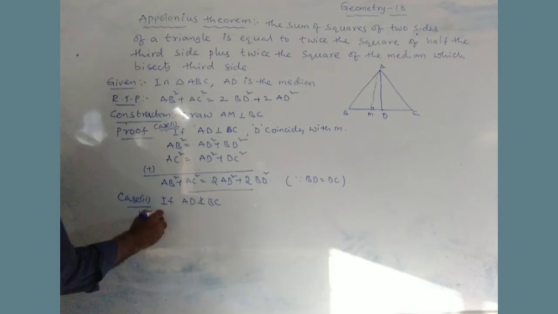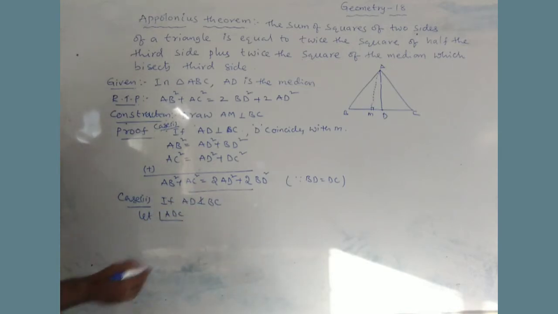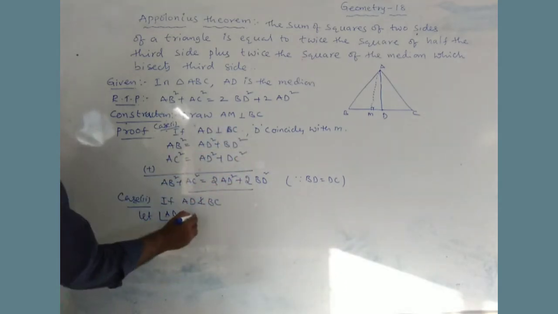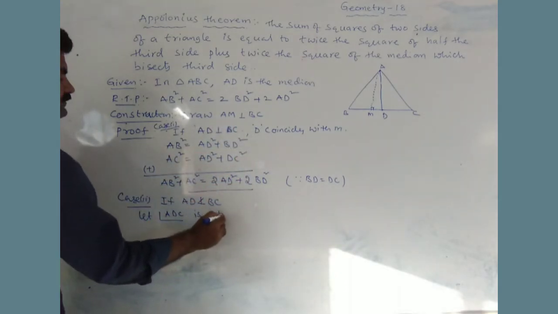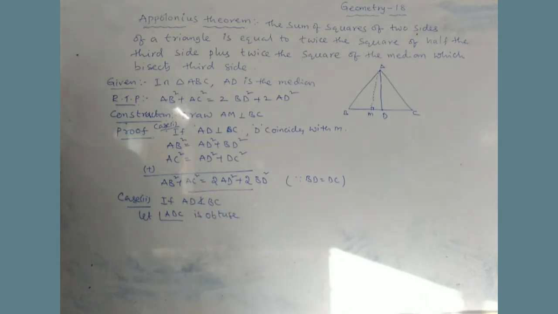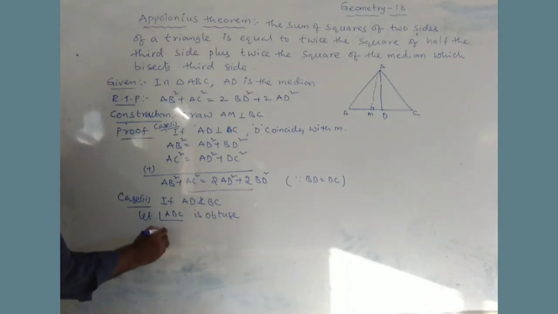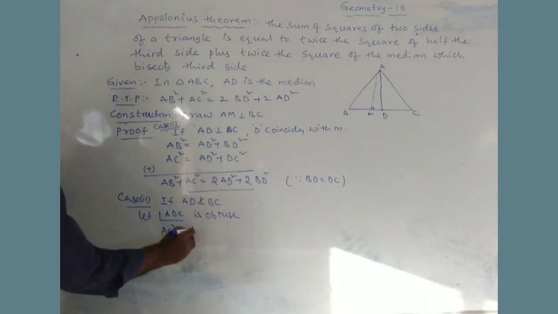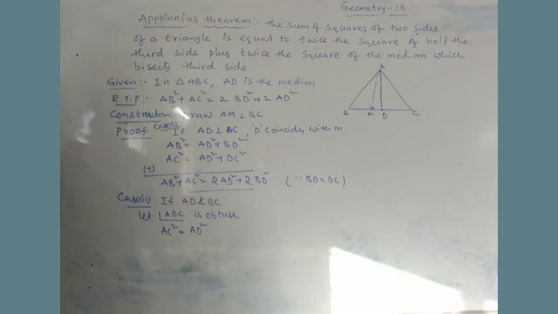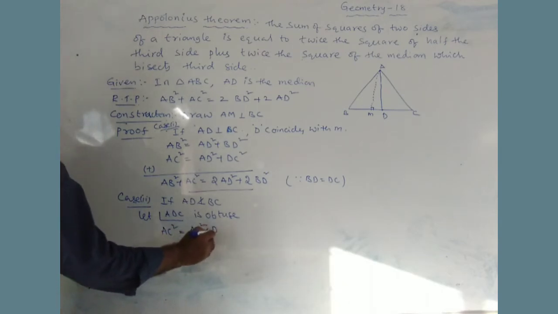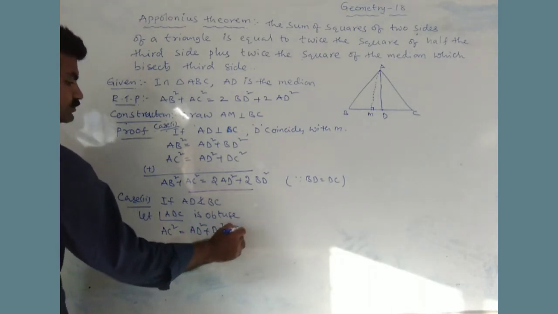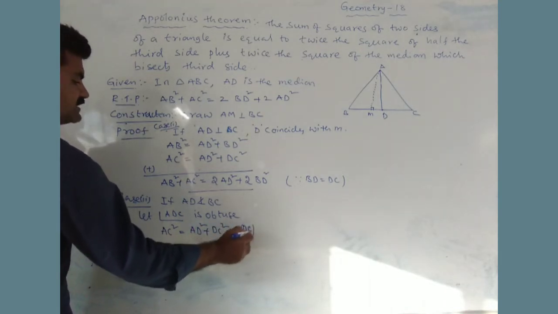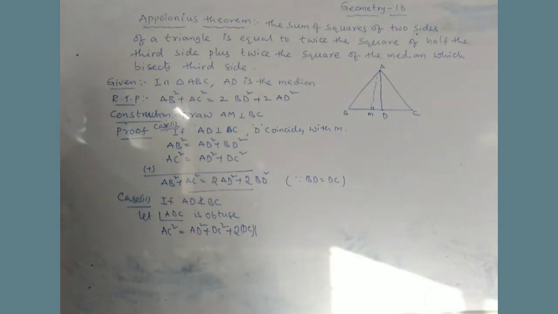Let angle ADC be an obtuse angle. According to the obtuse angle theorem, I can say that AC square is equal to AD square plus DC square plus 2 into DC into MD.